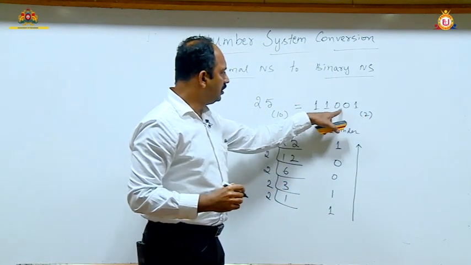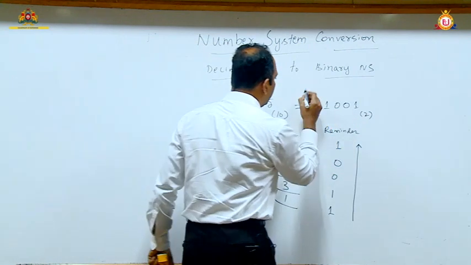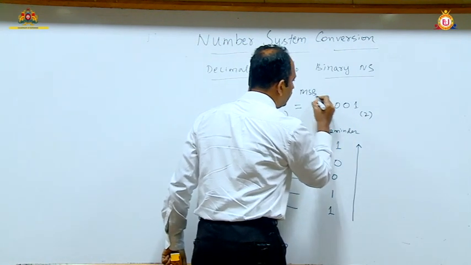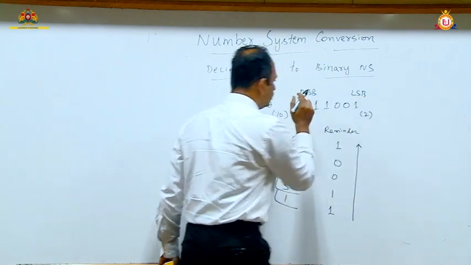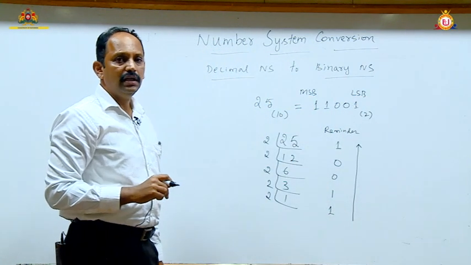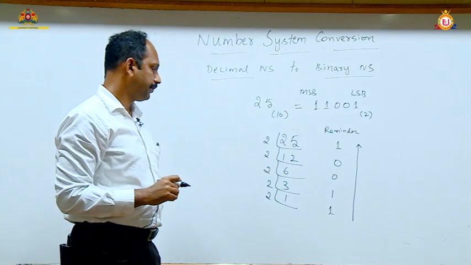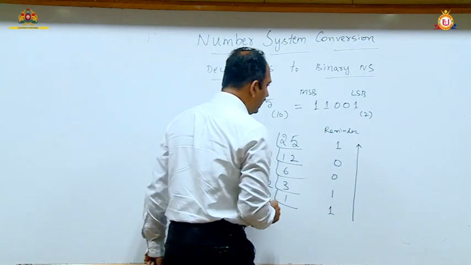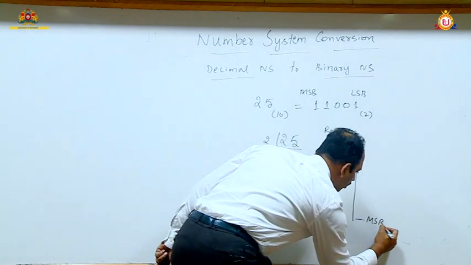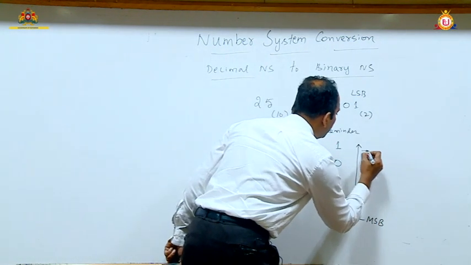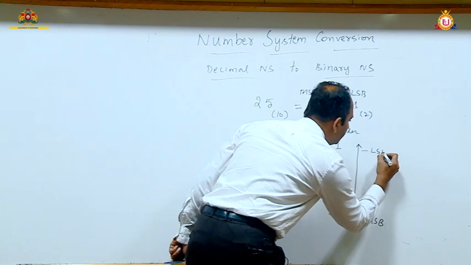In 1, 1, 0, 0, 1, the leftmost 1 is the MSB and the rightmost digit is the LSB. You know, MSB is the most significant bit and LSB is the least significant bit. Here, which one is the MSB part? The bottom one is the MSB part and the top one is the LSB part.